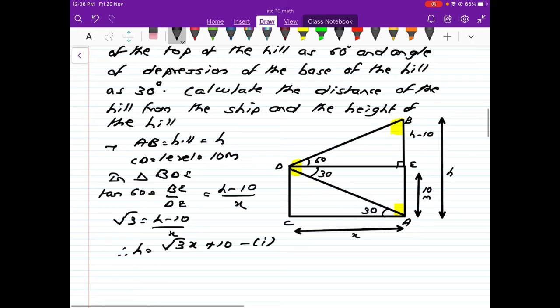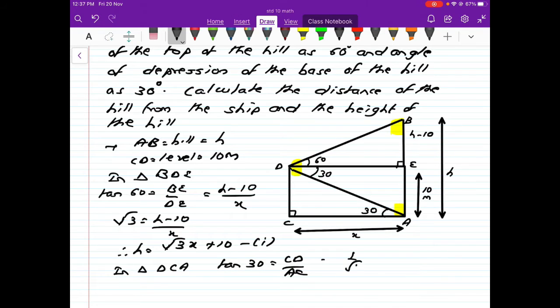Now we'll take another triangle, DCA. In triangle DCA, we can have tan 30. So what is tan 30? It is nothing but CD upon CA, or AC.